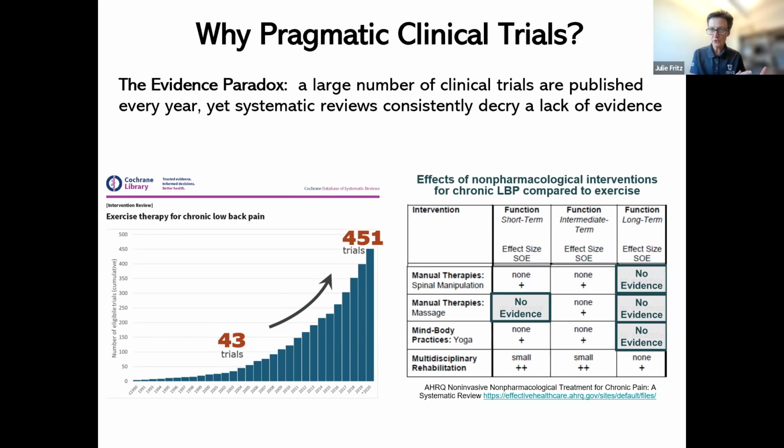So we have all these clinical trials, but they're not addressing these important clinical questions about which treatments are most effective. And this is the paradox. A large number of trials, yet systematic reviews often cite a lack of evidence, which suggests to us as researchers that we're not doing something right if our goal is to impact practice or provide information that's translatable into practice.